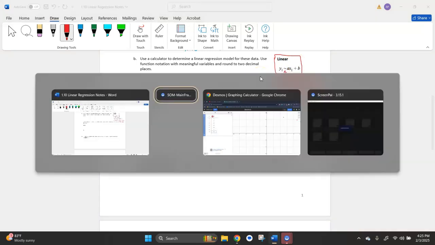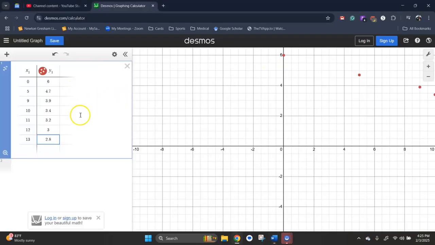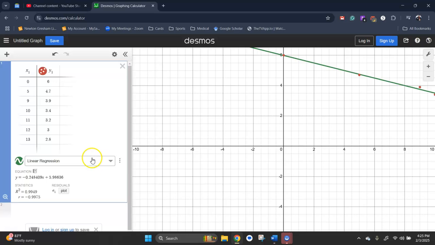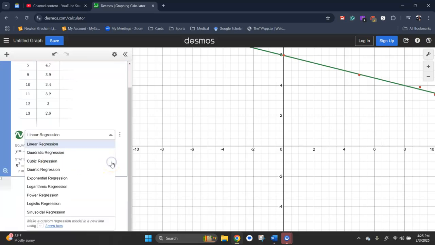So we're going to look at our table here, and in the top left-hand corner where it says line 1, just below it, it says add regression. We're going to click on add regression, and you'll notice that there's a drop-down menu, and we can do multiple different regressions. You'll do some of these in this course, and some also in your Math 151 college algebra course.